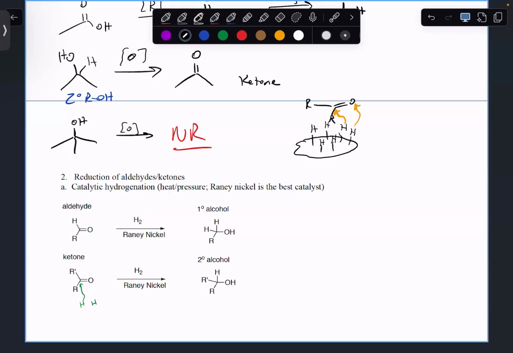The only difference is instead of adding to a CC double bond, it's a CO double bond. And so the end product here, if you kind of draw that out, that member of the double bond got a hydrogen, and so did that member. So the result of the reduction of that carbonyl ends up giving you an alcohol as product.